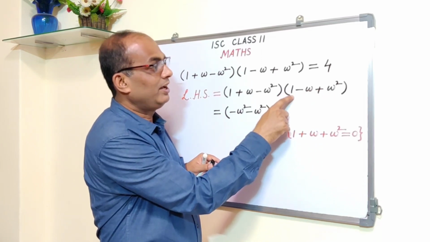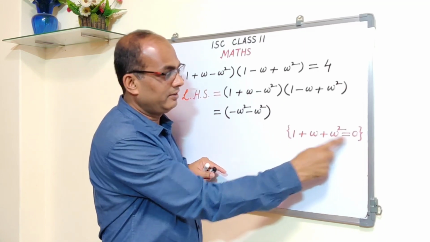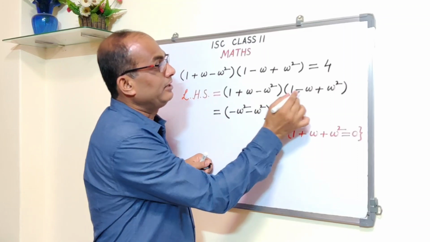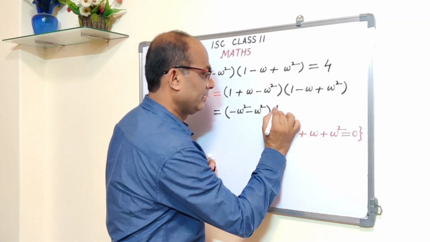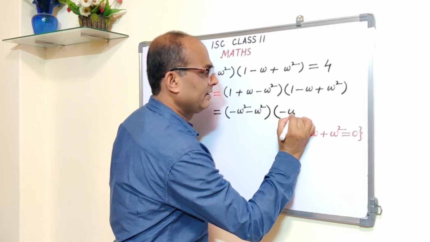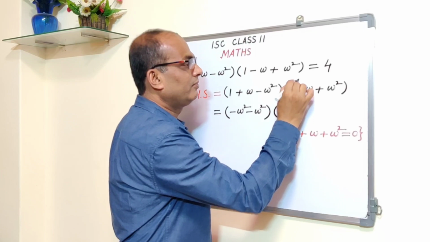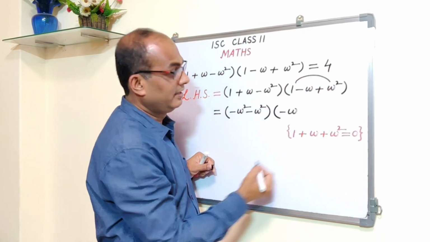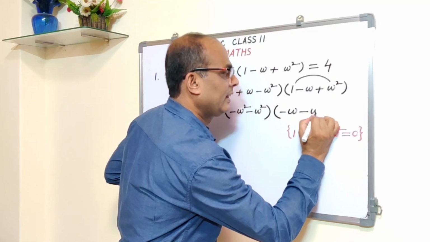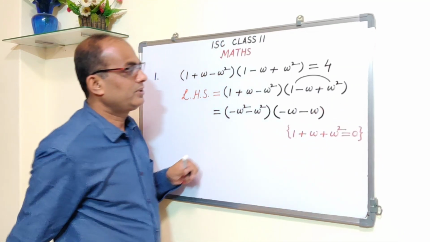We are taking this 1 and this plus omega square. So 1 plus omega square is equal to minus omega. This minus omega we write as it is. Very much clear.